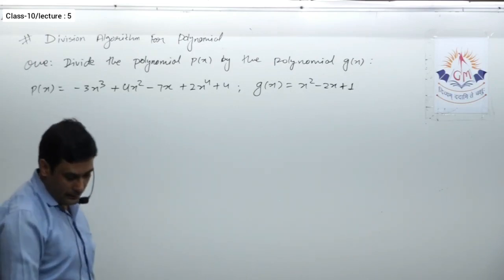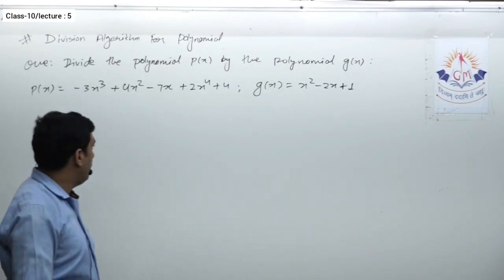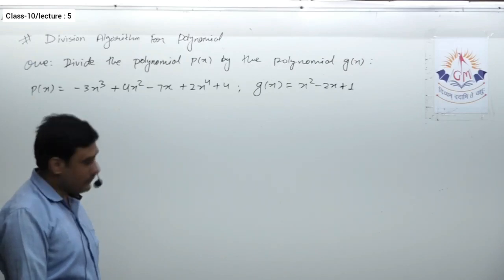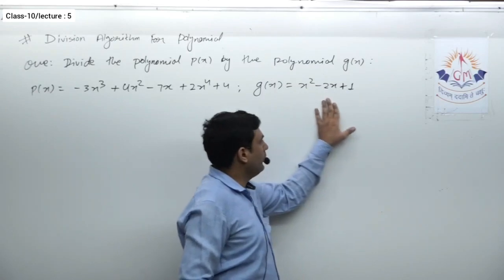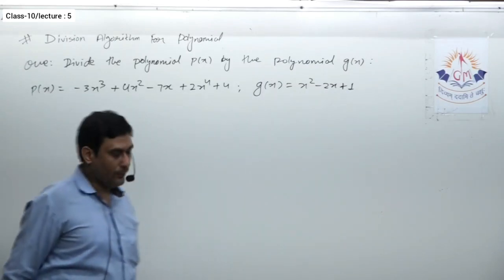So it is minus 3x cube plus 4x square minus 7x plus 2x raised to 4 plus 4, and this is the divisor polynomial x square minus 2x plus 1.